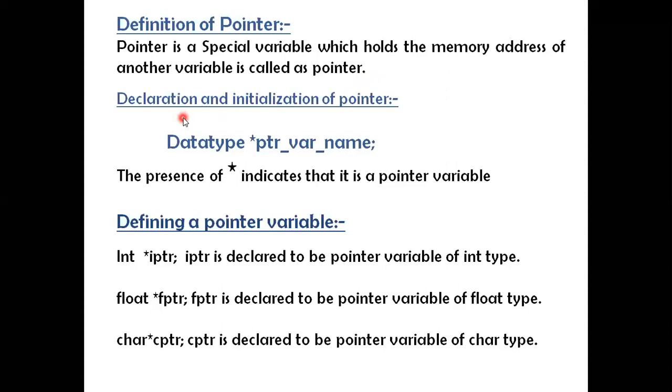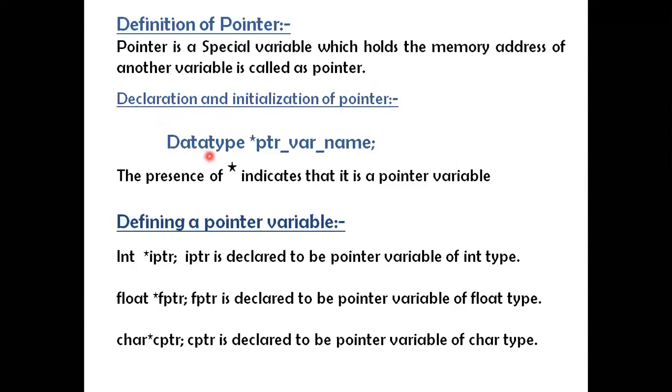Now coming back to the syntax: how to declare a pointer variable. As we all know, declaring a normal variable is quite easy. In the same fashion, declaring a pointer is also very simple. Now, declaration and initialization. Just concentrate on this page, only the declaration of a pointer variable.